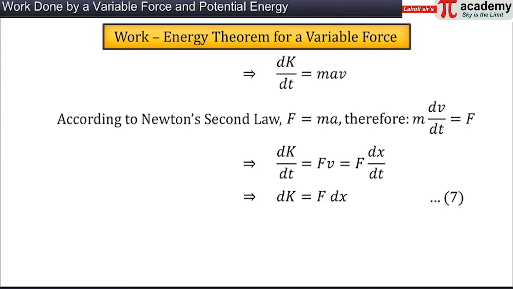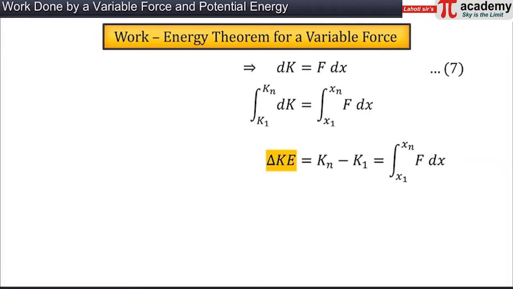Integrating expression 7 in the limits from x1 to xn for the displacement and for K1 to Kn for the corresponding kinetic energy, we get integral dK within the limits K1 to Kn equal to integral F dx within the limits x1 to xn.